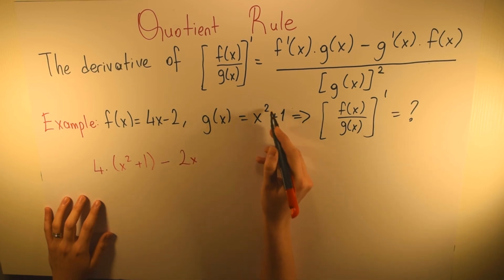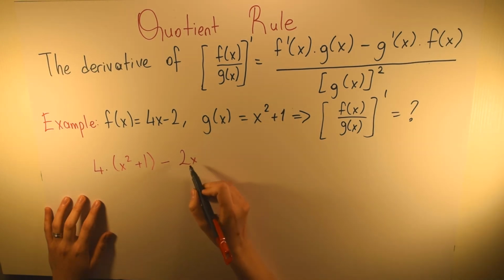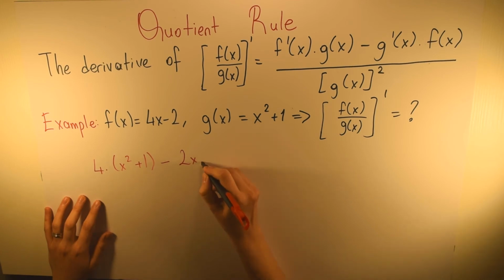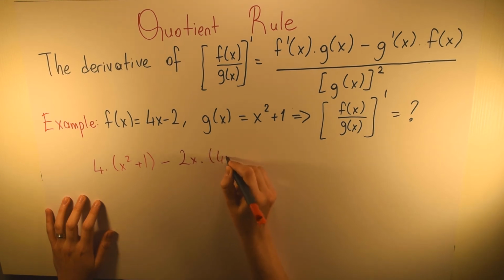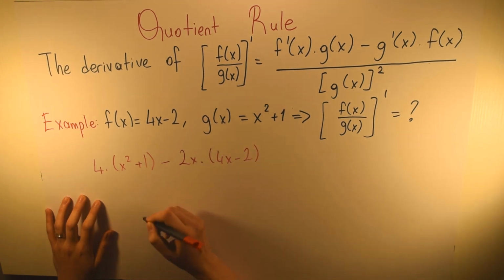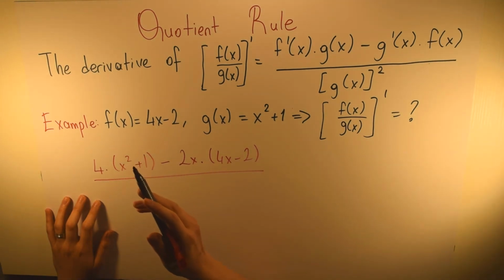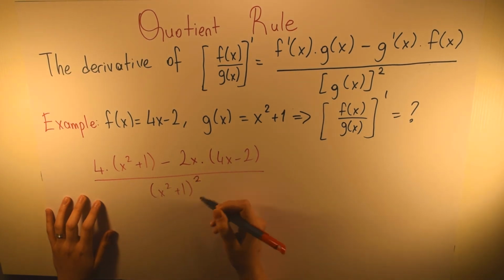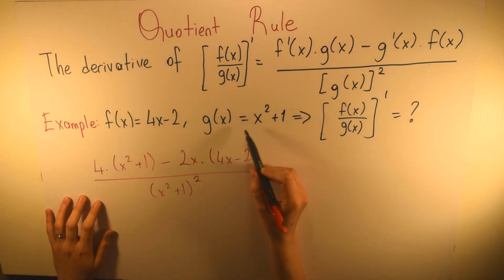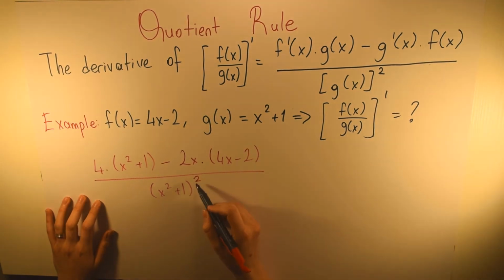Because you put this exponent in front of x, and it will be 2x, 2 minus 1, 1. That's why it's equal to 2x times f of x here, which is equal to 4x minus 2. And this is all over x squared plus 1 to the power of 2, right? The denominator is the g of x, so here it's x squared plus 1, and it's squared.